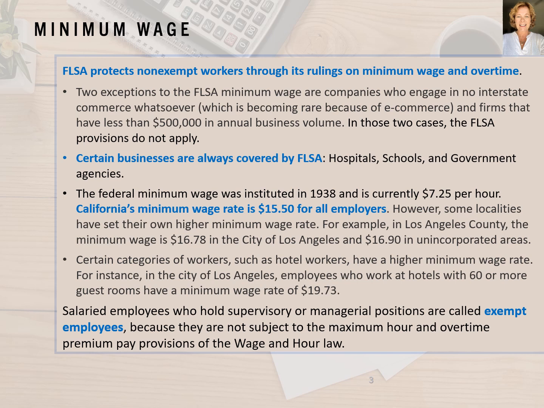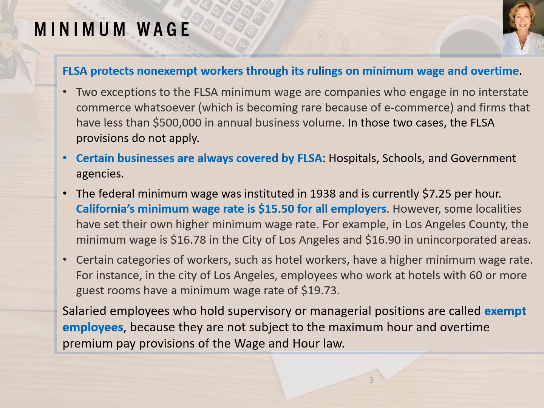There are certain businesses, though, that are always covered by FLSA, which are hospitals, schools, and government agencies. The federal minimum wage was instituted in 1938 and is currently $7.25 per hour. California's minimum wage rate, though, is $15.50 for all employers.